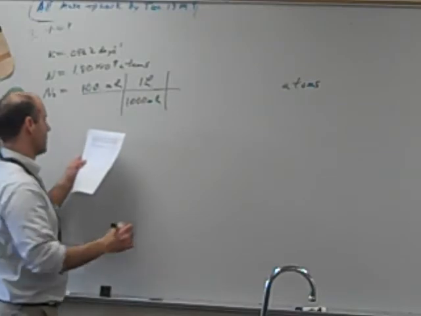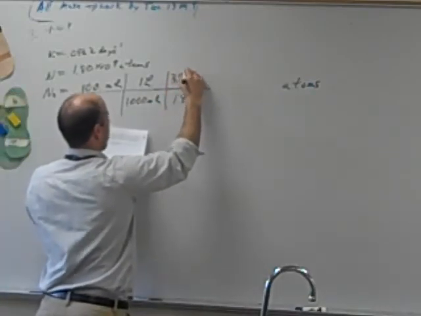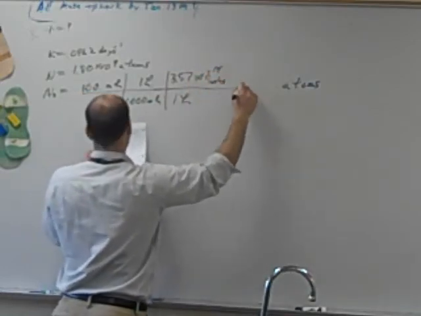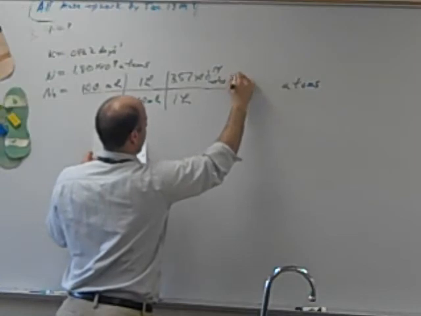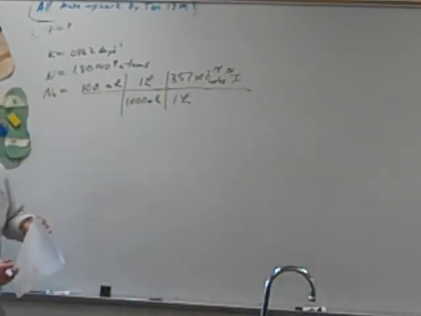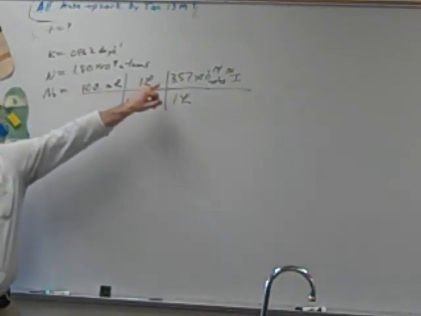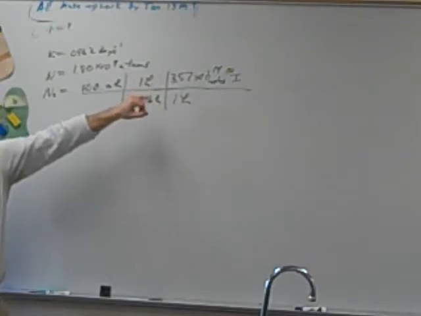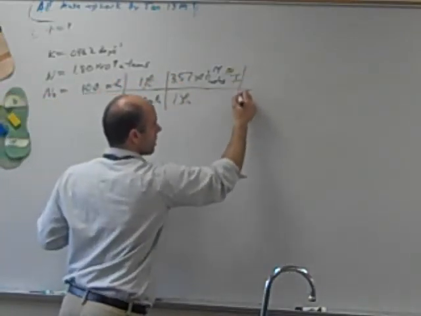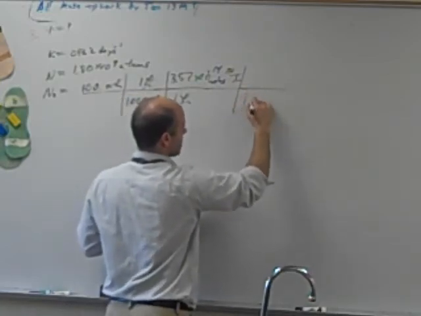The molarity says that in 1 liter of solution, I have 3.57 times 10 to the negative 14th moles of radioactive iodine 131. So I convert my milliliters into liters, my liters into moles using the molarity. And now that I have moles, my last step is to convert the moles into atoms.